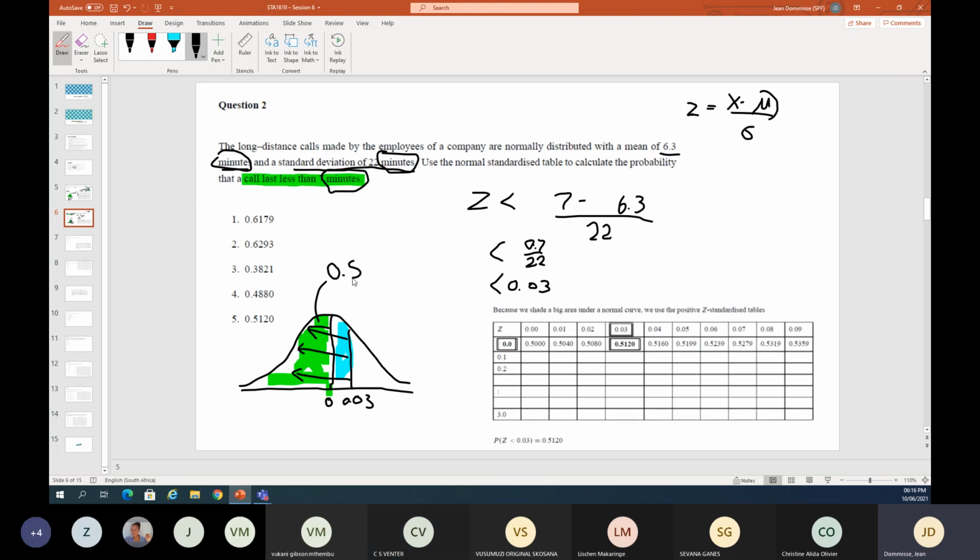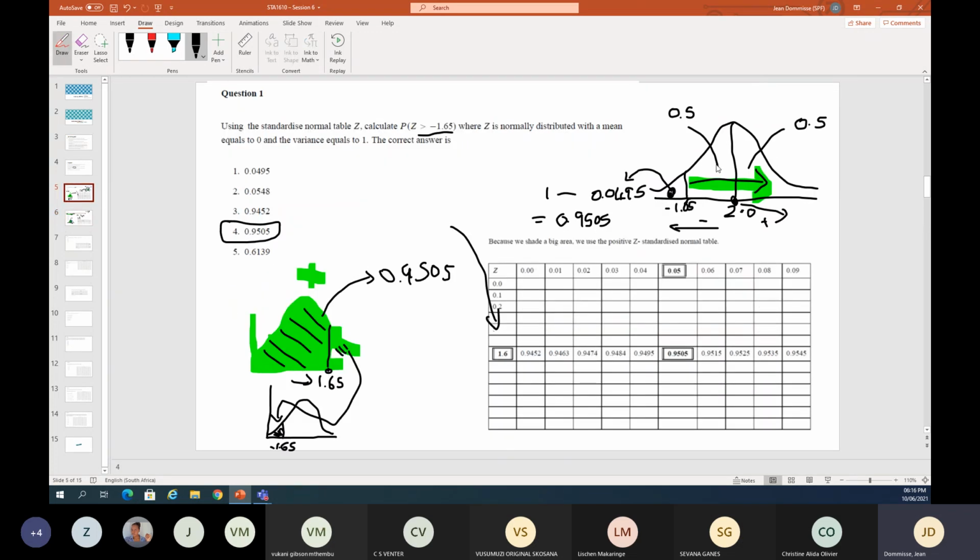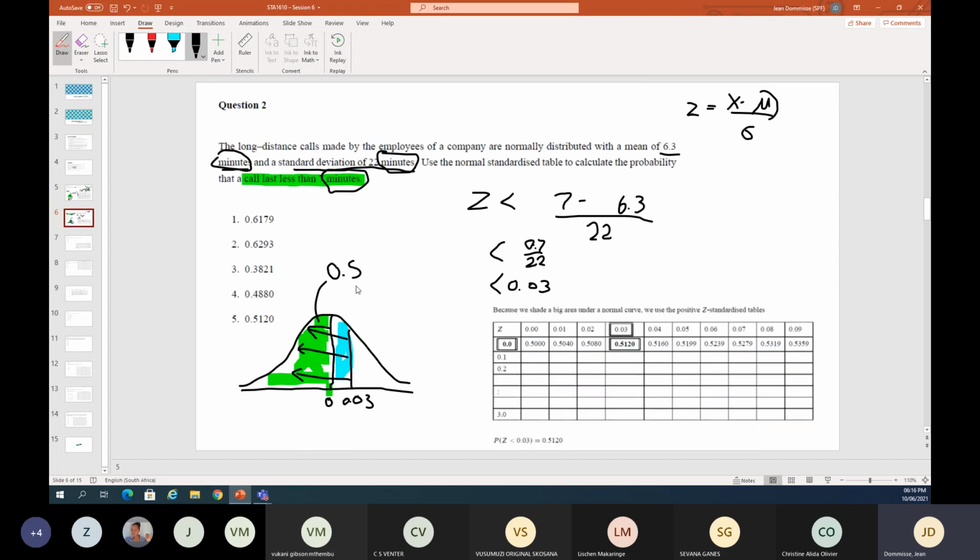Okay, so green area 0.5, and we've seen it with that as well. In the middle, half on the one side, half on the other side. So your green area is 0.5. So if we add the blue area, it will be more than 0.5. So option 3 and option 4 are not the option, because those two numbers are smaller than 0.5.